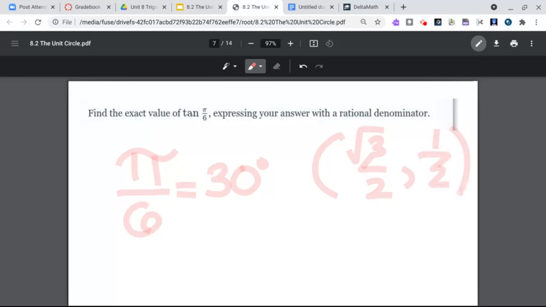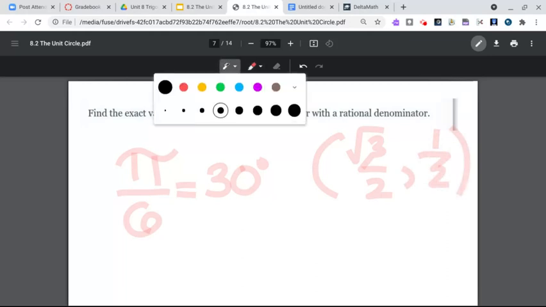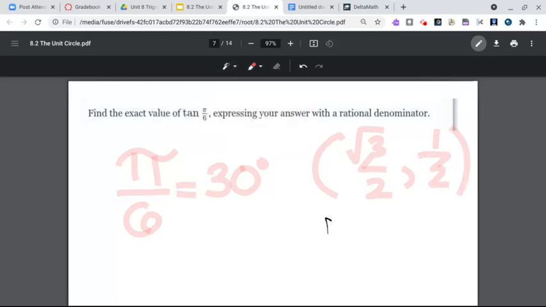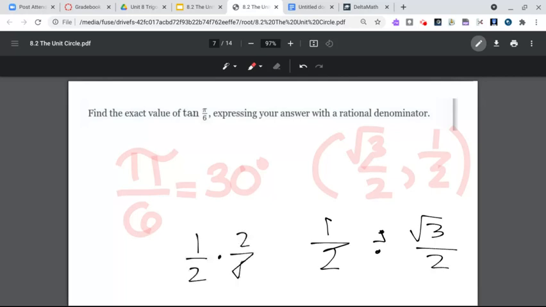In order to get the exact tangent value, I'm going to do y divided by the x. Okay, 1/2 divided by root 3 over 2, which we know when we divide fractions, we have to multiply by the reciprocal.